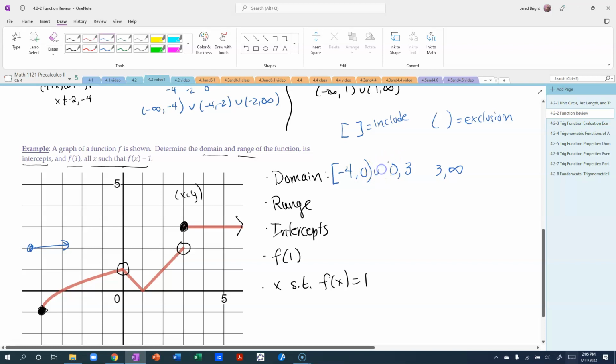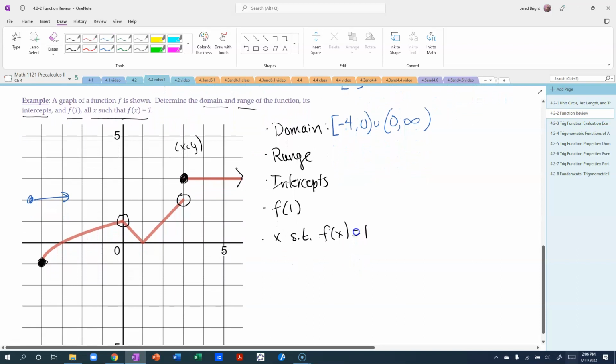So I'd do negative 4 to 0, stop, continue on after 0, go to 3, and at 3, technically, I have an open hole and then a closed hole. In this case, we can combine them because the closed hole supersedes the open hole, and just continue on off to infinity. And infinity we never include because it's a concept, not a number.